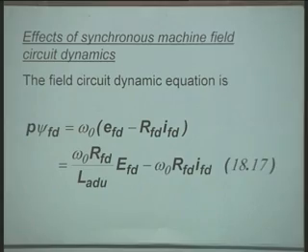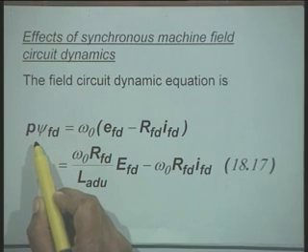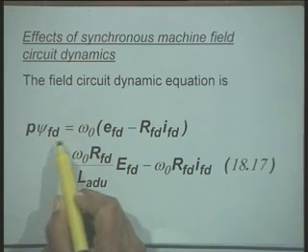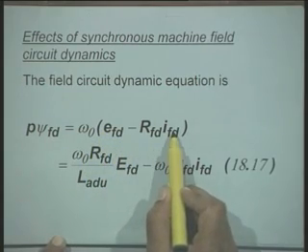That is, there was only one differential equation, corresponding to the field flux linkages, and when written considering time in seconds, it is p psi fd equal to omega naught into Efd minus Rfd Ifd.